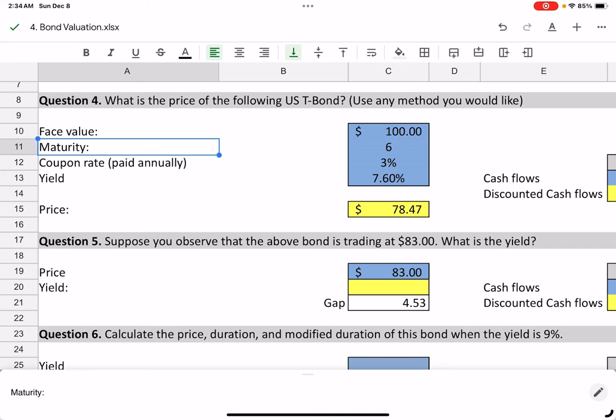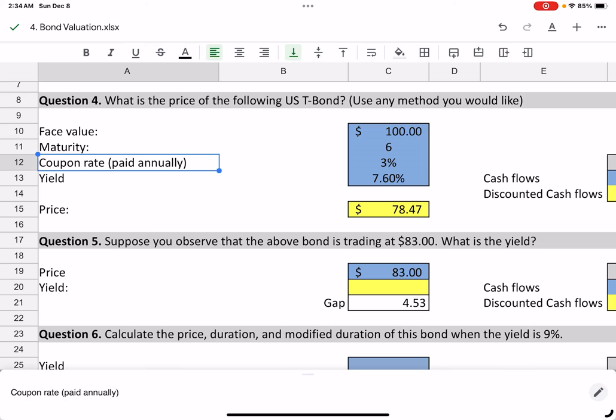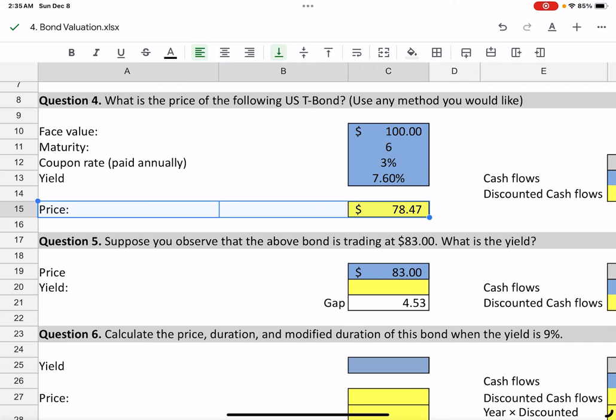The coupon rate, which is paid annually, is 3%, which means 3% of 100 is $3. So at the end of each year up until year 6, we will receive $3 as interest payment on this bond. And the yield is the market return, that is, investors expect to receive 7.6% on new investments. We will use this market yield to discount the cash flows of this bond so that we can calculate the price of the bond.